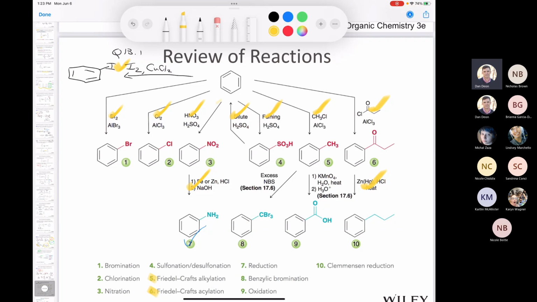And so these are all the electrophilic aromatic substitution reactions that we looked at. And we saw how you can modify some of those groups, like we can do benzylic halogenation, we can do benzylic oxidation. We talked about the Clemmensen reduction, and we talked about nitro group reduction. We actually just used that in a problem.